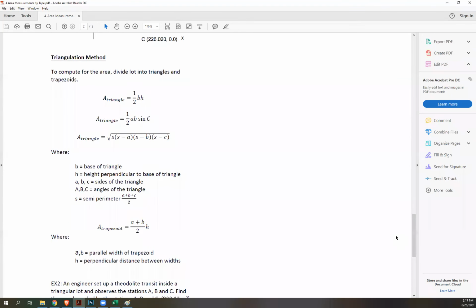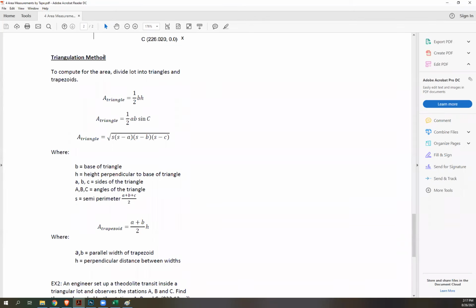Next topic is triangulation method. So from the name itself, that's just dividing our lot into triangles. And then we're going to use equations for triangles to solve for the total area. So divide lot into triangles and trapezoids. These are your areas for triangles. It's 1/2 base times height, 1/2 ab sine C, sine opposite angle, or using S. I believe that's also Simpson's 1/3 rule, or not.